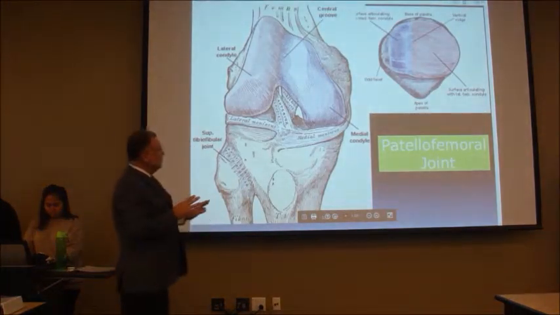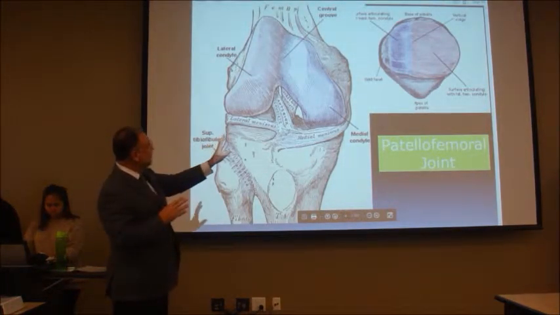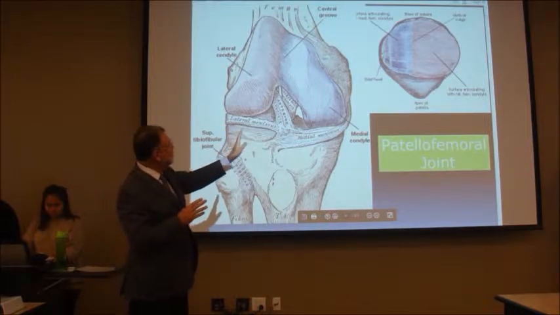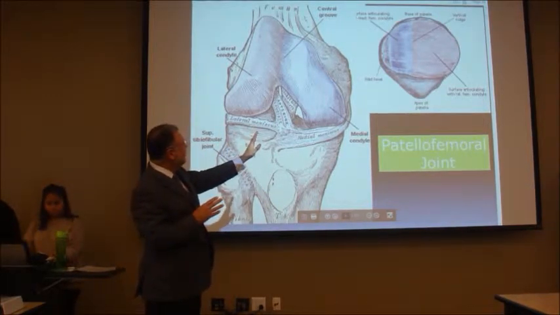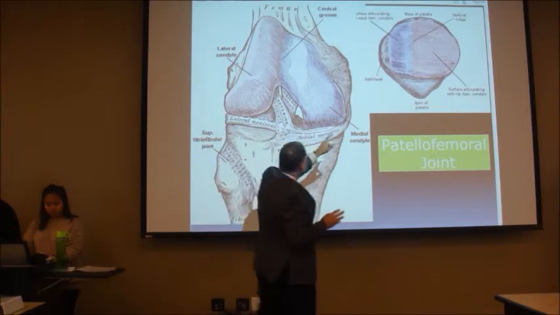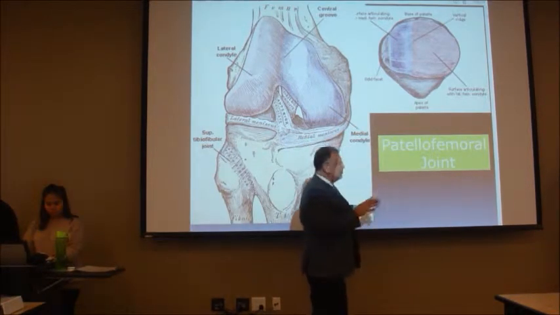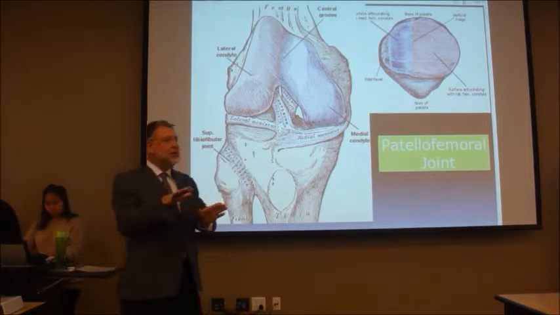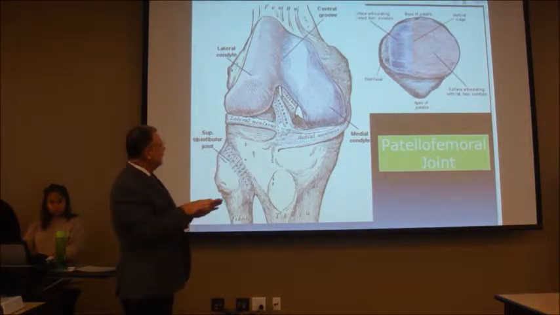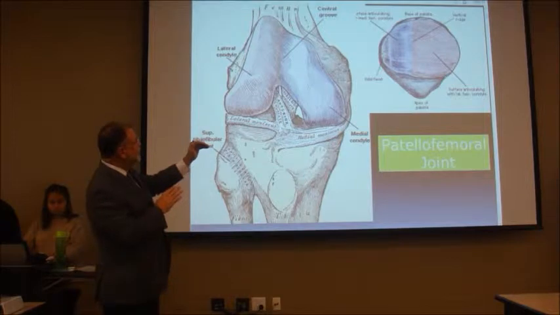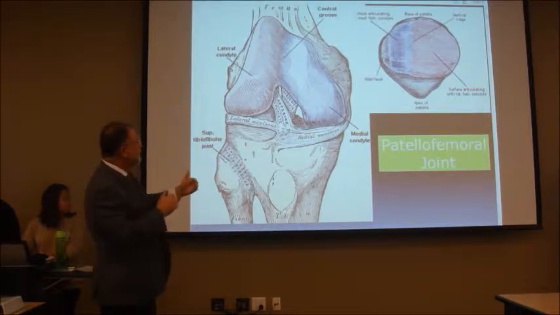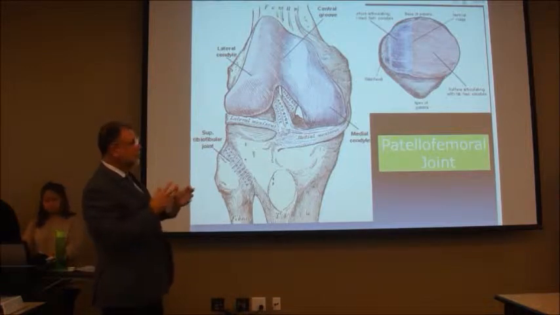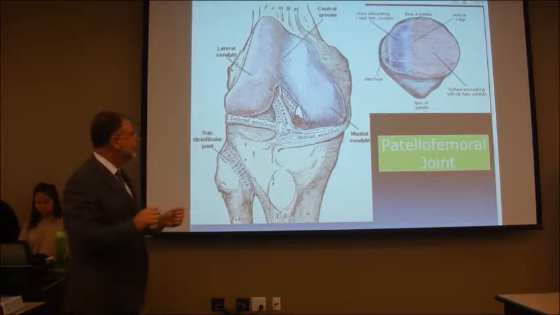Some structures that are important in the patellofemoral joint: the patella has some surfaces and a ridge. The most important thing is the odd facet, and the odd facet helps with maximal flexion of the knee to cover over the medial condyle. The other important thing is that there's a distal end and a proximal end, or aspect, of the patella.